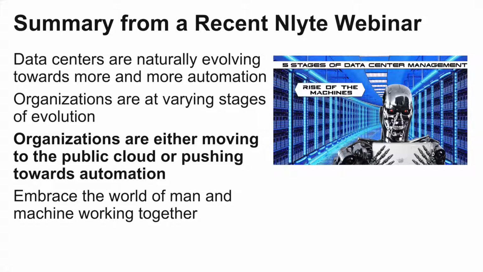If you want to hear that webinar, you can go to enlight.com. It is available on demand. But the genesis of this particular webinar came from that point about automation. People were asking us, what do you mean by automation? What can be automated that perhaps we're not automating today? So we're going to focus on that in this webinar, though the 5 stages of data center management webinar is out there on the enlight.com website.